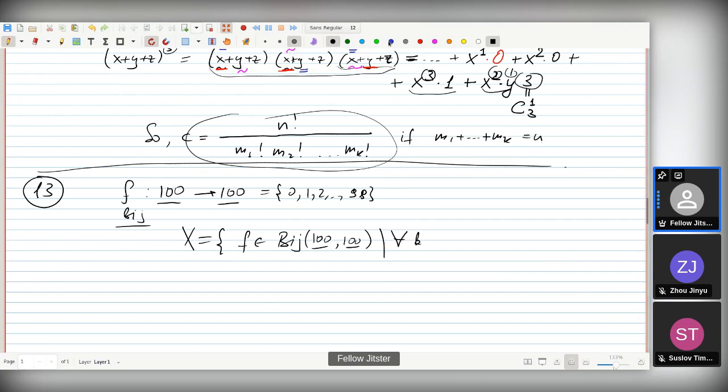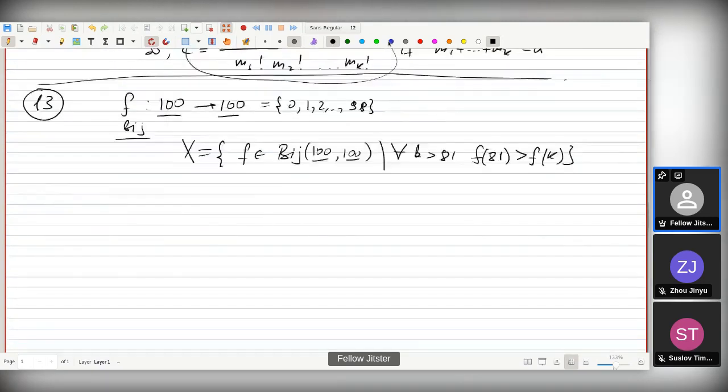What we obtain at place 81 is greater than what we have at every greater position. So look, that means that f(81) is greater than what?